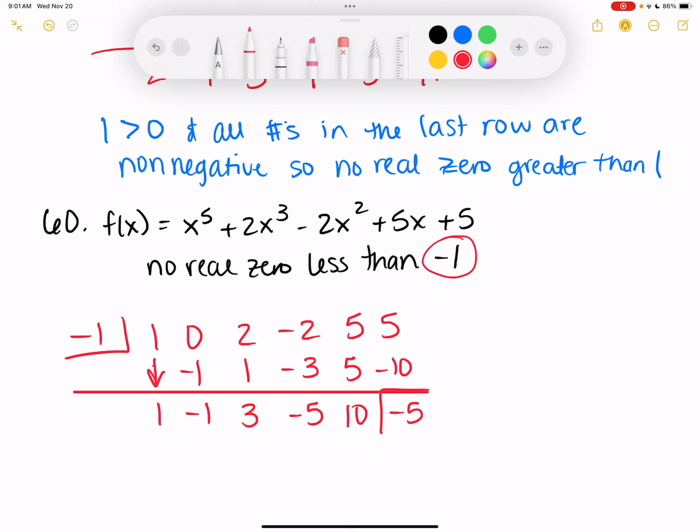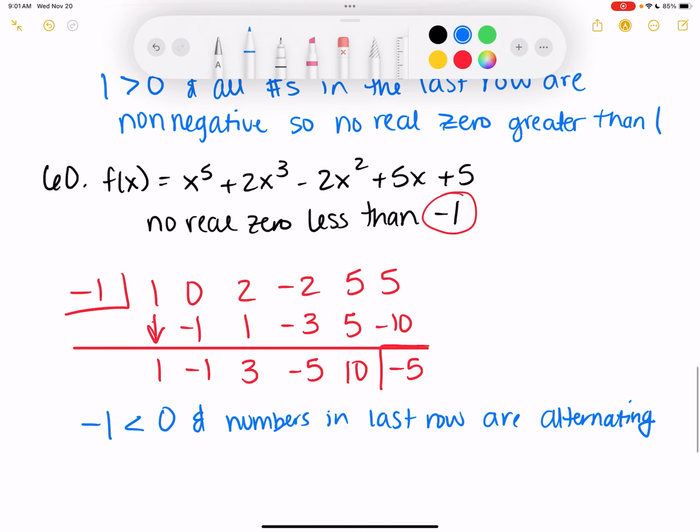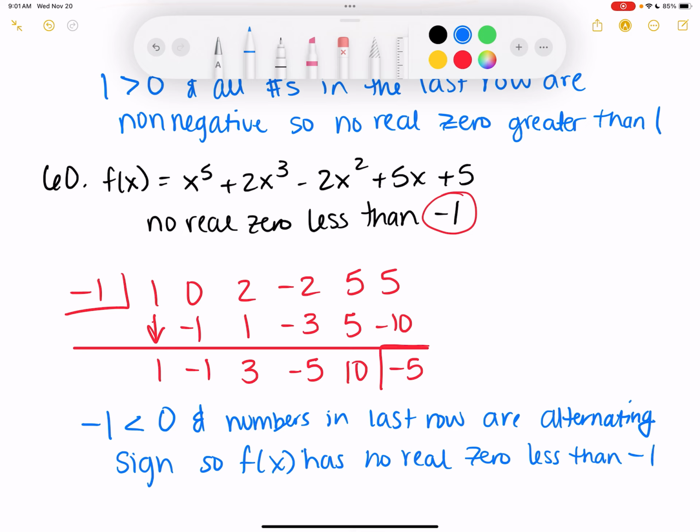So, concluding, negative 1 is less than 0, and the numbers in the last row are alternating sign. So, f of x has no real zero less than negative 1. Any questions about that?